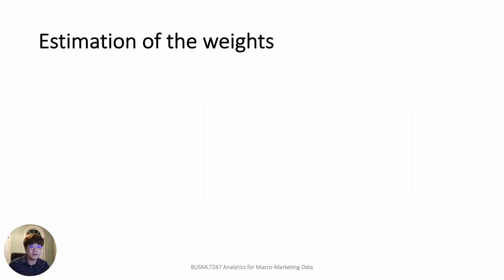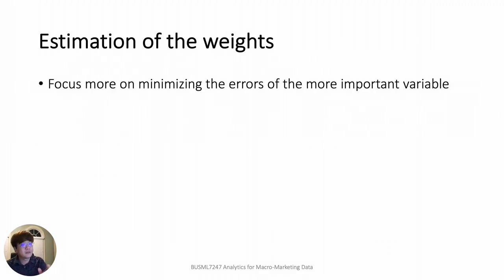The importance factors imply that the synthetic control method focuses more on minimizing the errors of the more important variables. For example, if the importance factor of the demand is the biggest, the method tries to minimize the errors of the demand as much as possible compared to the other variables.